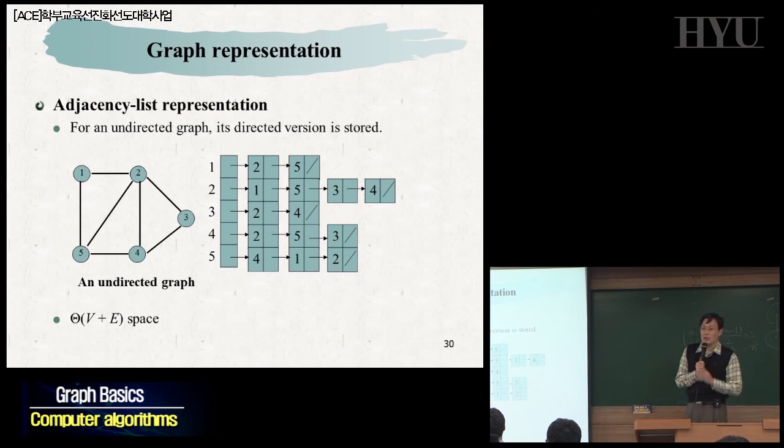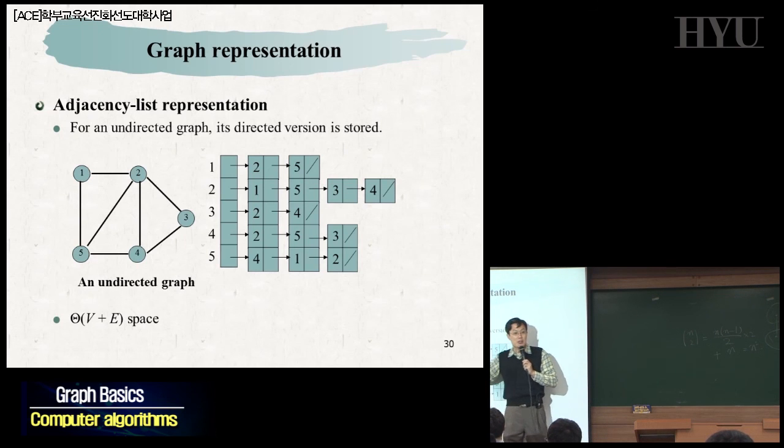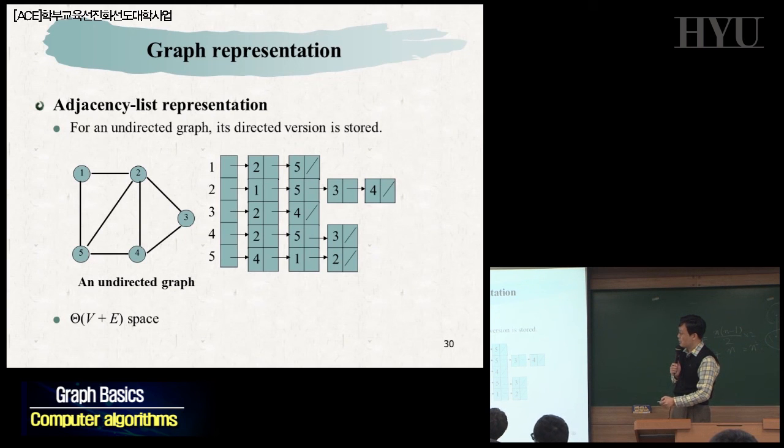So the directed version of this graph is stored in an adjacency list. Okay, then the storage is this.